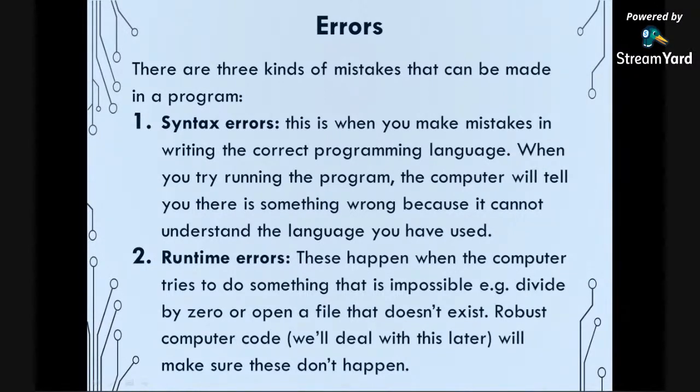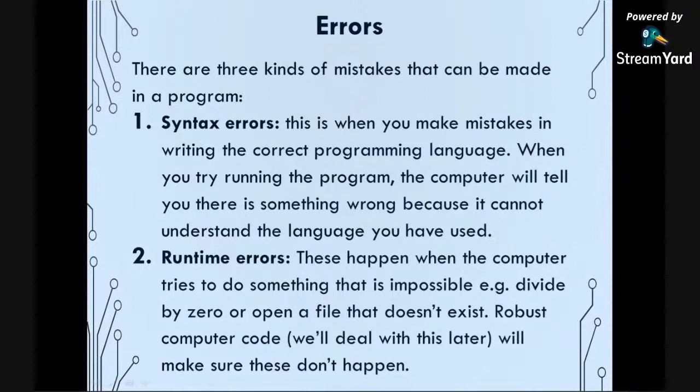When you try running the program, the computer will tell you there's something wrong because it cannot understand the language you have used. The word syntax means the language of something, and so a computer gives you a syntax error if it doesn't understand the language you've used.